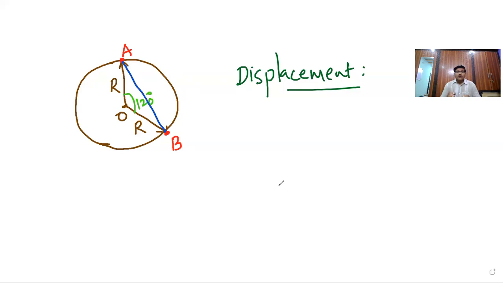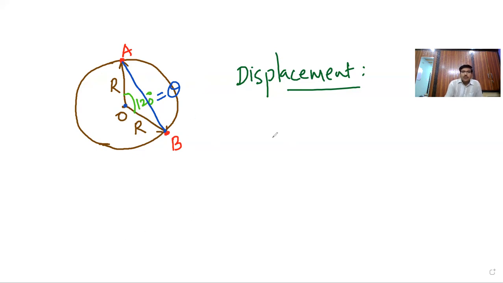Now observe. I want to generalize this concept. Let us say I take this 120 degrees as theta. That means in this case, OA bar is one vector, OB bar is another vector, and AB bar, from initial to final point, is the displacement vector.